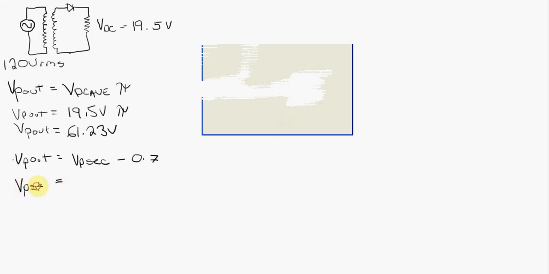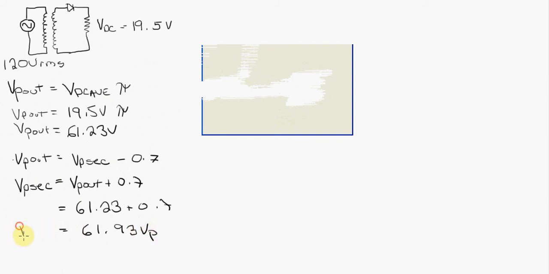V peak secondary is now equal to V peak out plus 0.7. That's now going to be 61.23 plus 0.7, which is 61.93 volts peak, and of course that's V peak secondary.